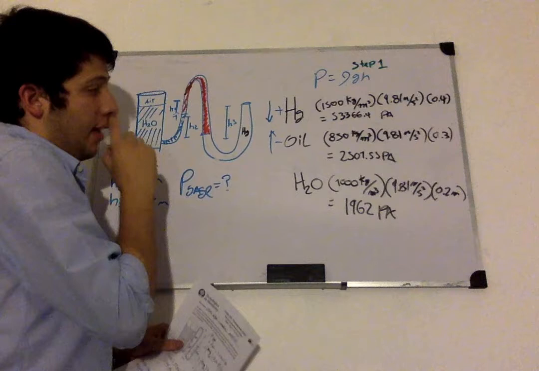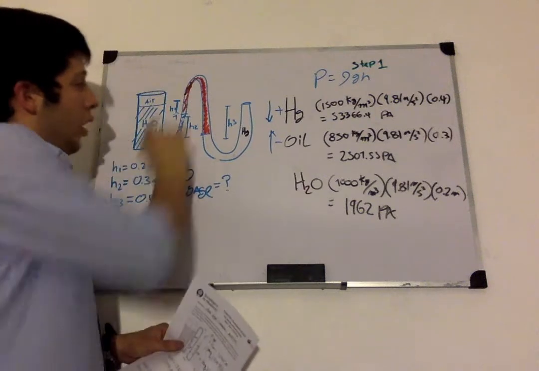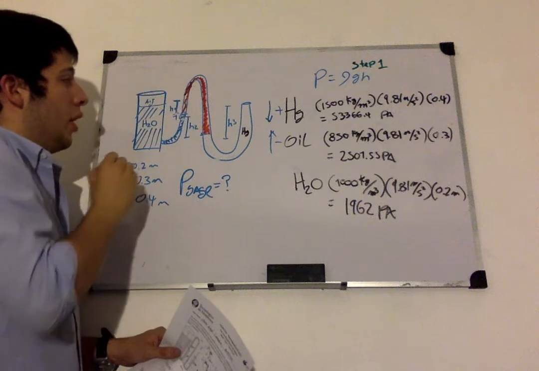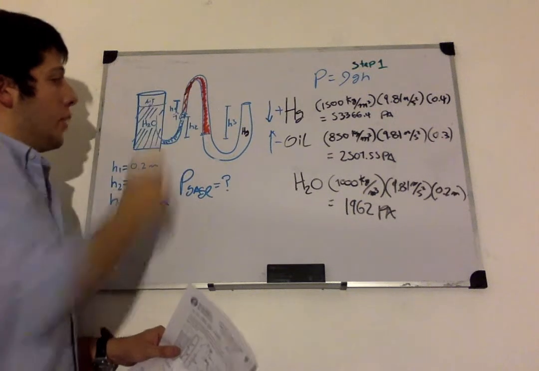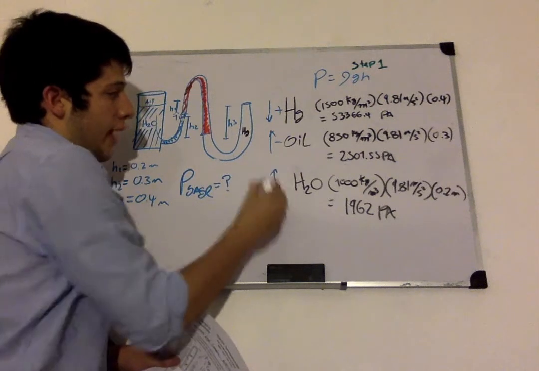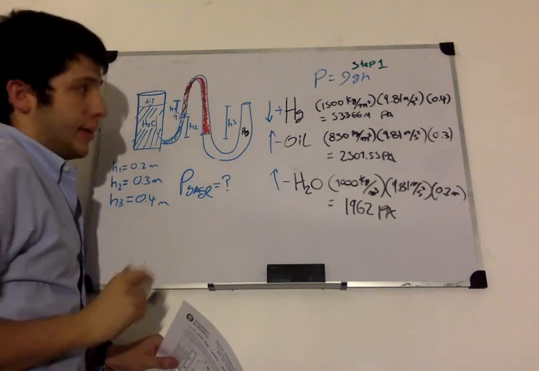And finally, for the water, we are taking this point to this point. So through the water, we're going up, so this means that the pressure has decreased, so we put a negative sign.